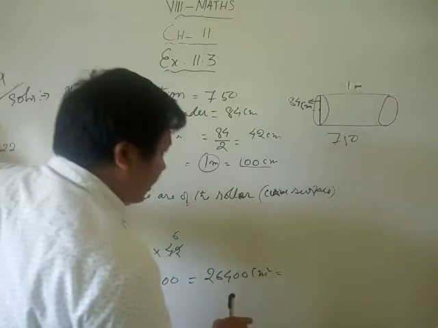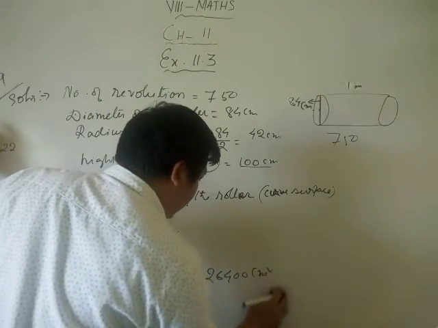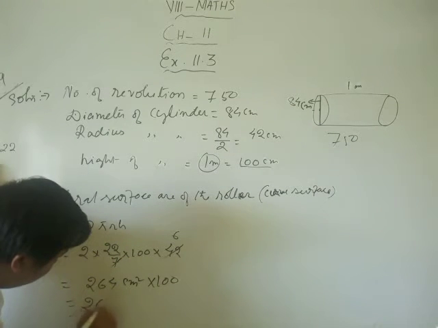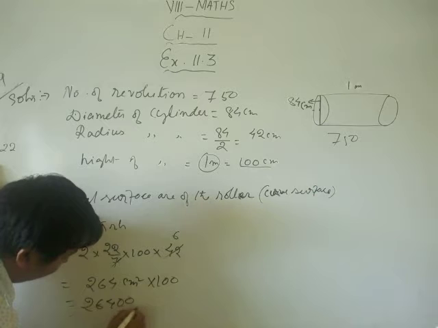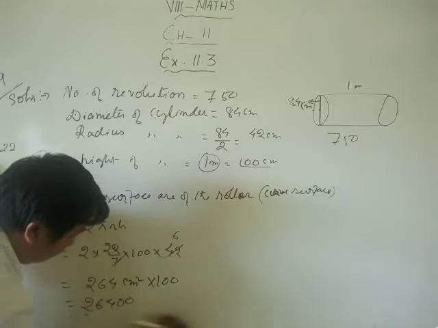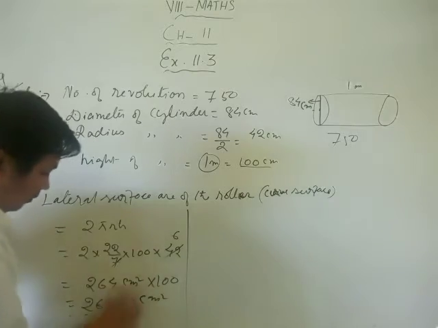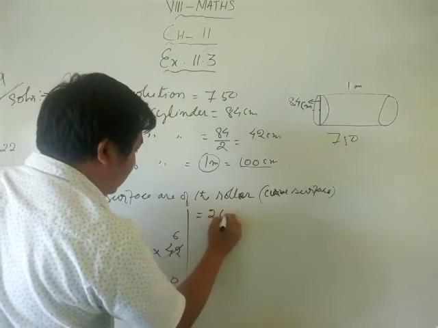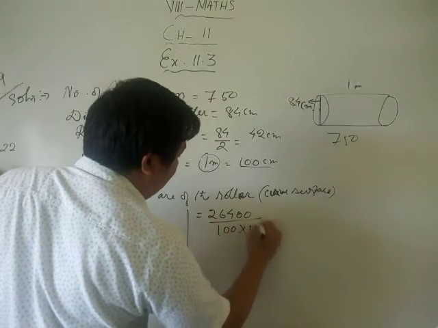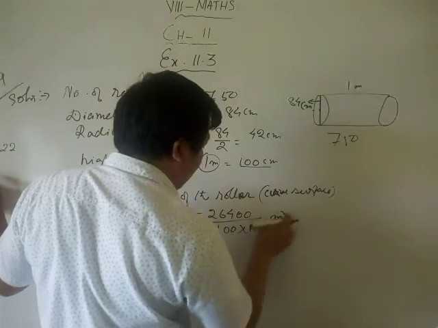So if you want to convert it to meter square, then we divide 26400 by 100 into 100 meter square.